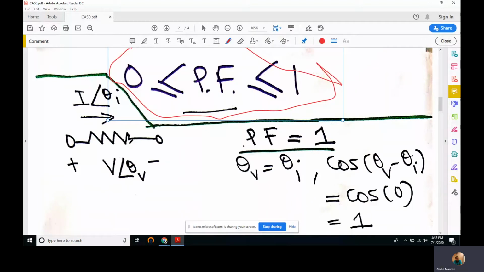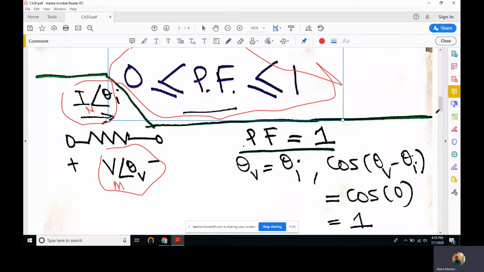Say it's a resistor. Through this resistor, suppose we have this current I at an angle of theta I, and the voltage across it is Vm or Im, or this is Vm or RMS, can be any quantity. But the important thing is that the current flowing through the resistor and the voltage across this resistor have the same angle.